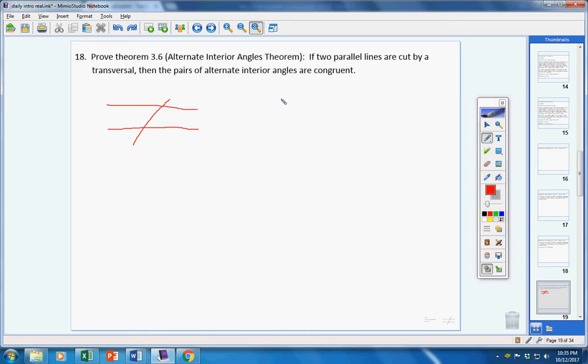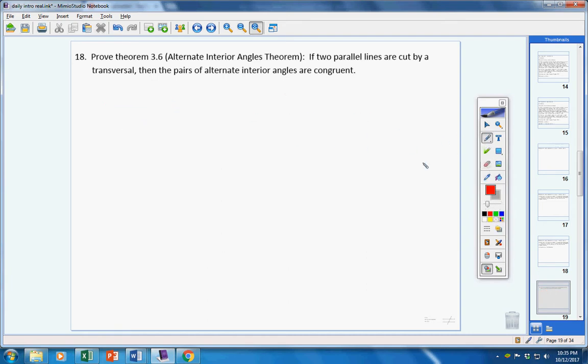But if you use 1, it's supposed to be a script or a cursive N. Also, on your diagram, label those lines so we know what you're talking about when you say L and N, okay? Again, no points off for that. I'm just showing it to you, okay?